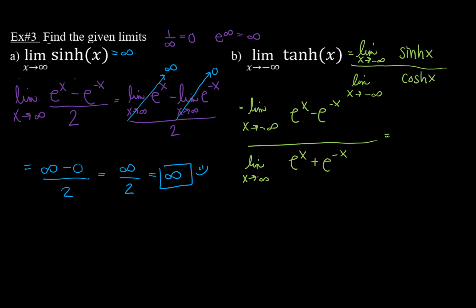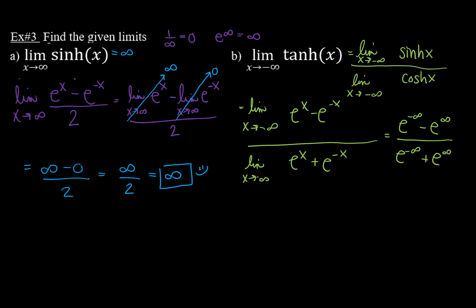Okay, if I plug these in, if I do this limit as x approaches negative infinity, keep in mind what I have. I'm going to have e to the negative infinity minus e to the negative infinity, which is infinity, divided by e to the negative infinity plus e to the negative infinity, which is infinity.